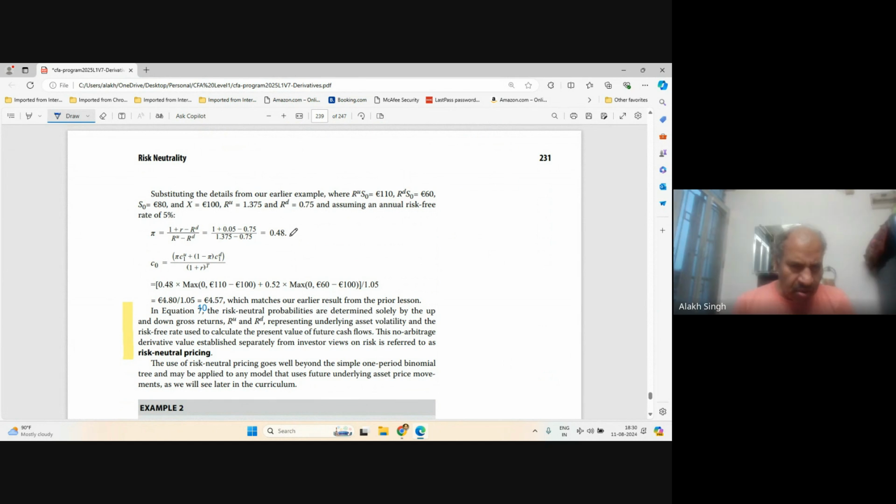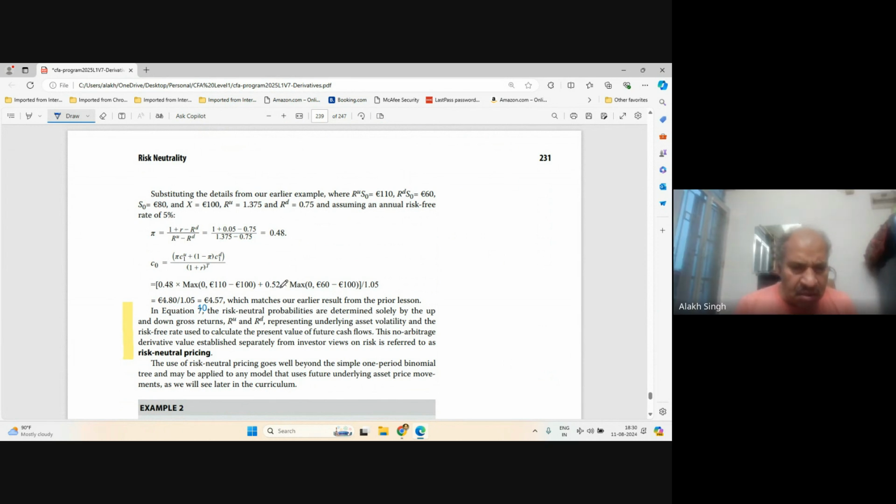So we calculate C0. 0.48 times C1U, which was 10, plus 0.52 times zero, which will be gone. This gives us $4.57. We got 0.48 times 10, and discounted that by 1 plus R, so we get 4.57.